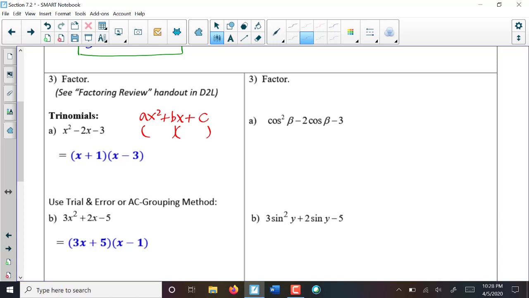All right, so basically multiply to be -3, add up to be -1. And the reason that works is because the leading coefficient is a 1. Okay, if you can factor this trinomial, then just transfer it over to here. Do you see the same pattern? Okay, so instead of x, I have cosine beta. So this is like saying cosine beta squared minus 2 cosine beta minus 3.